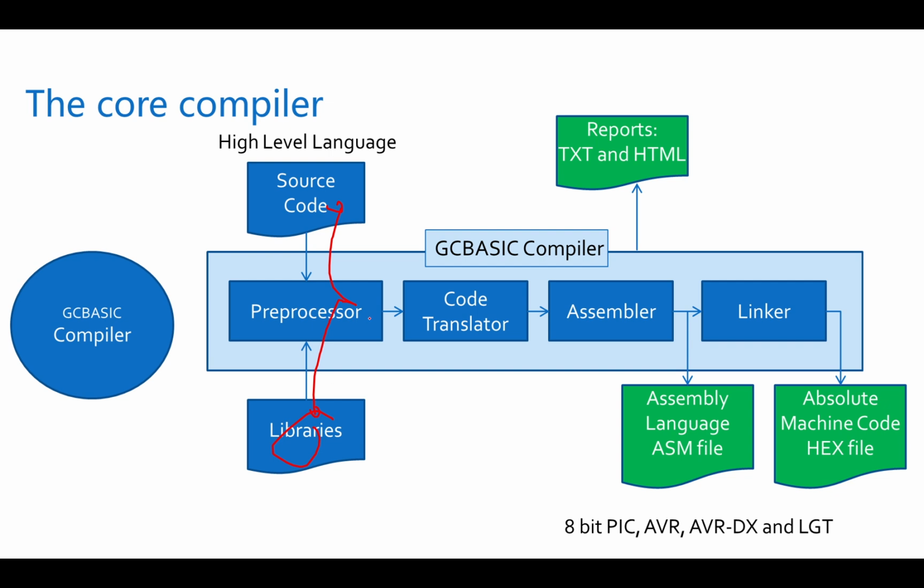There's a vast amount of code. We take that, we do code translation, we assemble it in GCSTUDIO, and we produce some files. One of them happens to be an assembly file, which you can look at, and we'll look at that today. We link it in GCSTUDIO, and then we produce a machine-specific hex file.